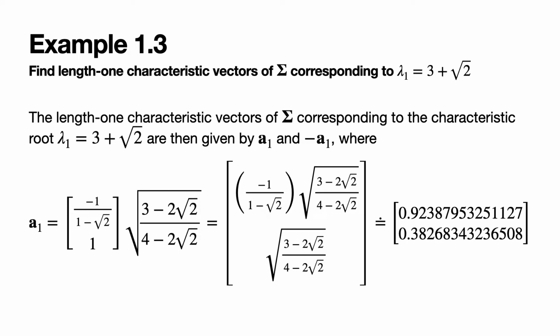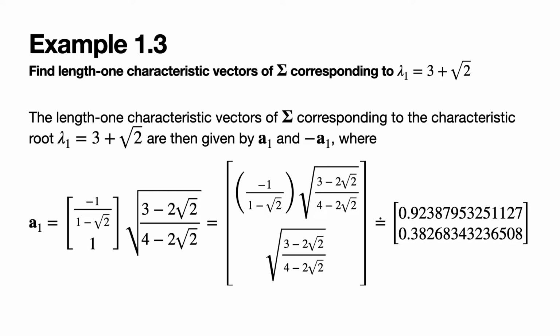And we're going to denote those by A1 and negative A1. And I have here A1, and you can see here that it's a fairly complex 2 by 1 vector in terms of the quantities that make up the components.